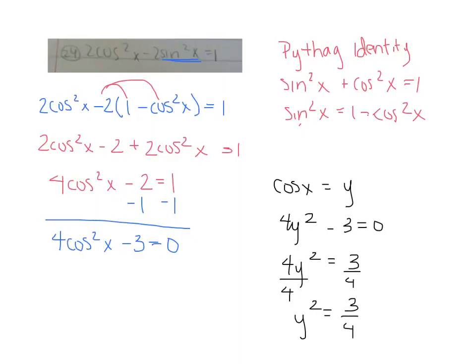When we square root both sides, don't forget to include a plus or a minus. So y is plus or minus the square root of 3/4, and 4 actually is a perfect square, so I could write this as plus or minus square root of 3 over the square root of 4. It's not a perfect square for 3, but the square root of 4 is 2. So going back and substituting, we now know that cosine of x equals positive or negative square root of 3 over 2.